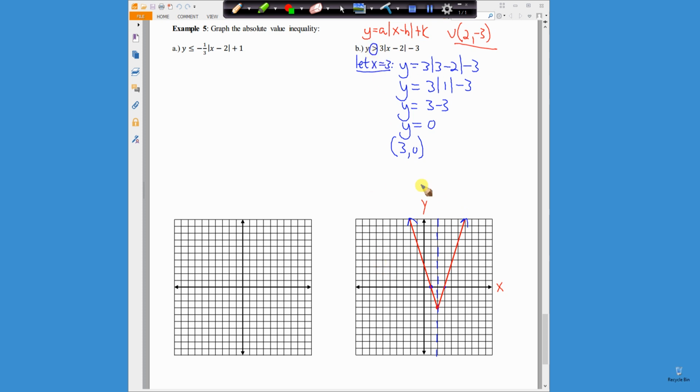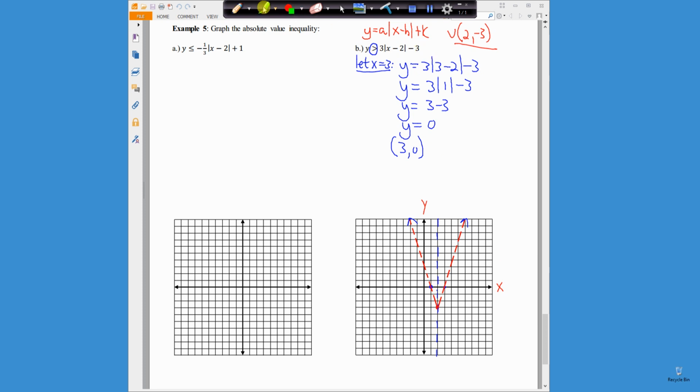This is greater than, so I've got a solid line right now. That's not correct. It needs to be a dashed line. I'll go and dash this after the fact, which is perfectly fine if you're doing this by hand. This should be a dashed line because it's y is greater than.